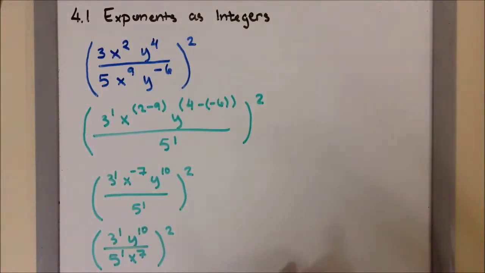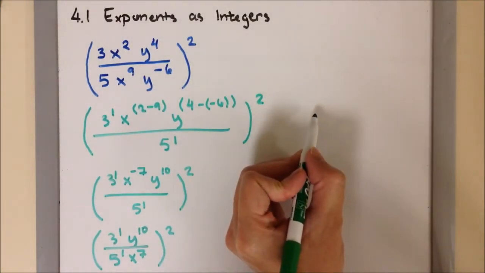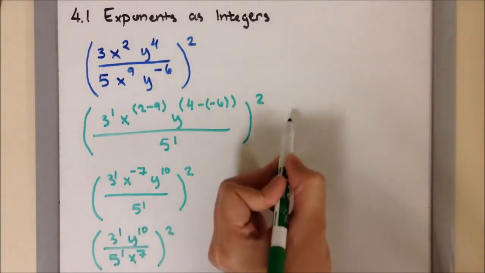Alright, now I'm going to write over here, since we were working with the 2 and everything is okay with positive exponents, I'm going to multiply the 2 to all my exponents.